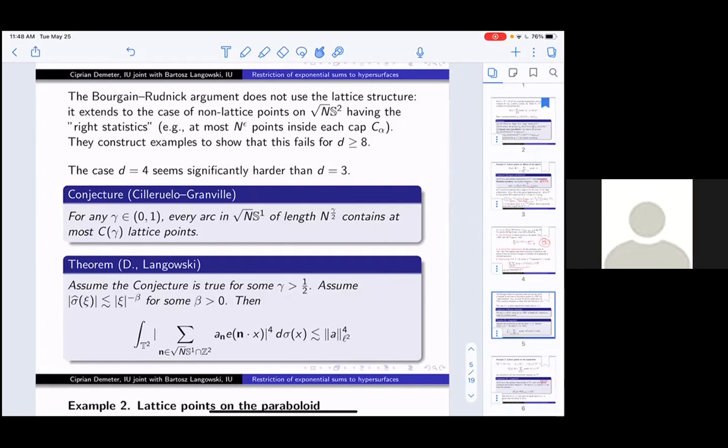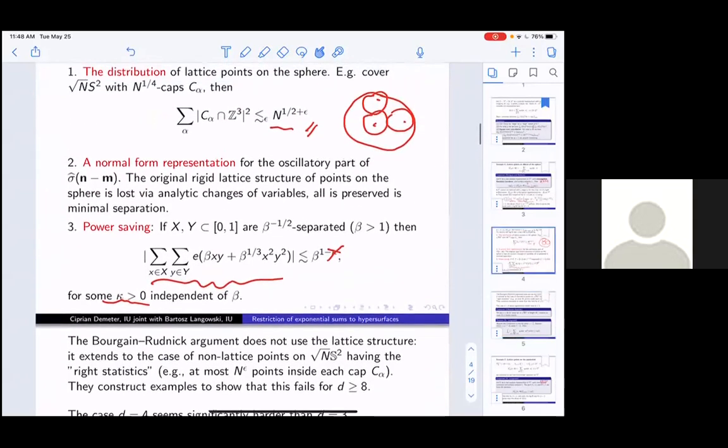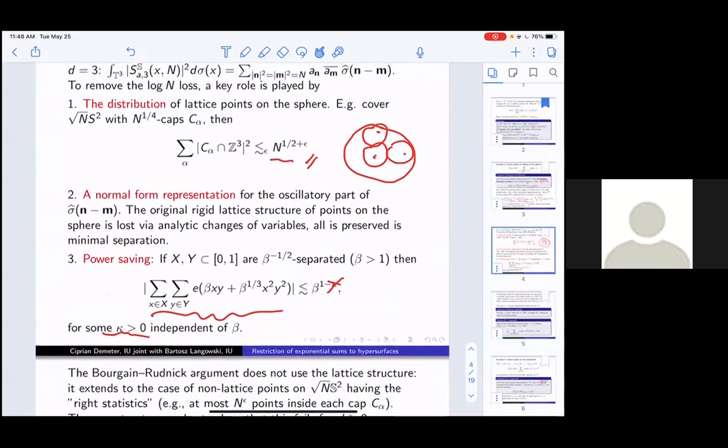Now the case d equals 4 is significantly harder than d equals 3. And part of the difficulty, going back to the previous slide, is the fact that you're no longer happy with a power saving. For d equals 3, kappa greater than 0 is enough. You don't care about what the gain kappa really is.